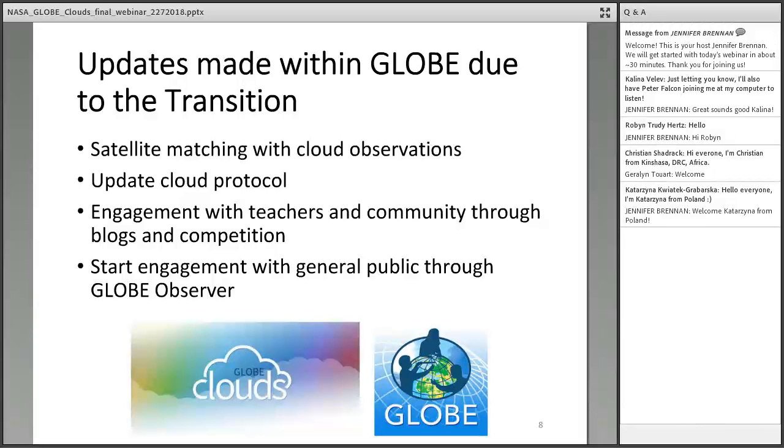We updated the cloud protocol. The protocol is what GLOBE calls the steps on how to do the observations, to make sure that when researchers use the data, they can compare oranges with oranges. We engage with teachers, the community, and then the general public with the GLOBE Observer app.